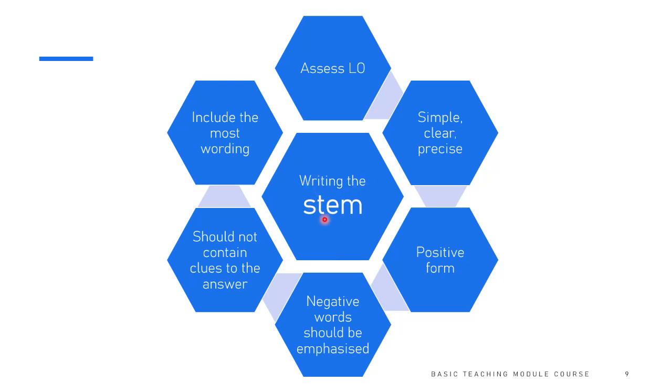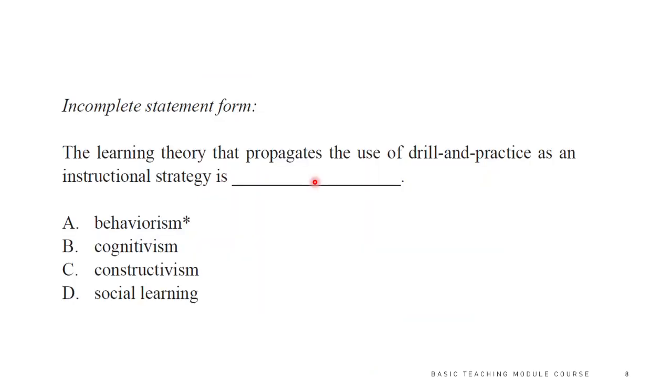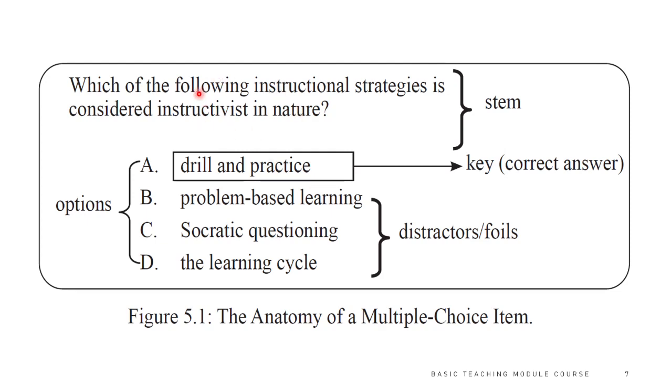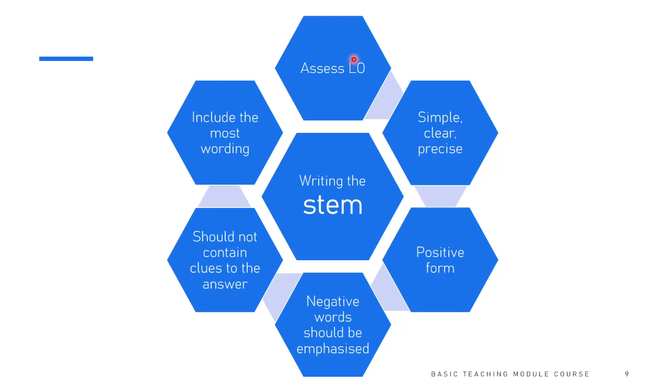Now, in writing the stem, now that we know what a stem, an option, a key, and a distractor are, the stem refers to the stimulus of the question. We should make sure that the stem assesses the learning outcome it is intended for. Since this is the next part of the conceptual phase, you need to refer to the conceptual phase.